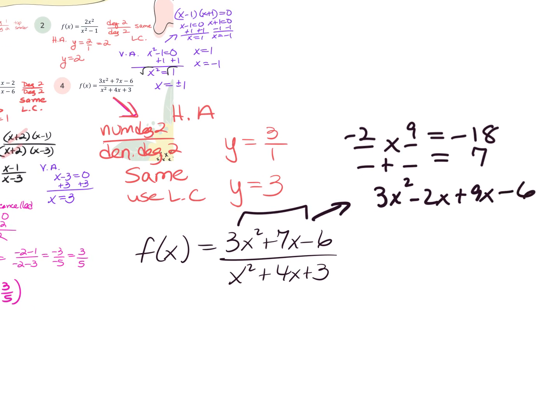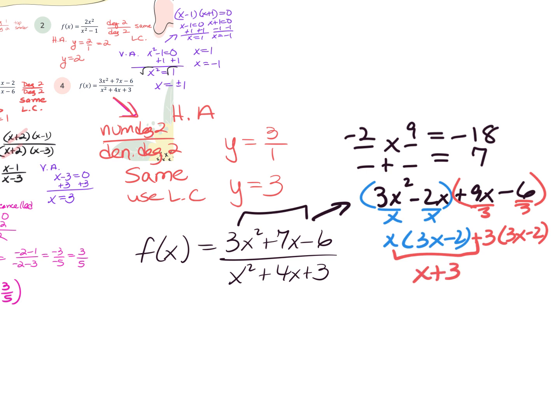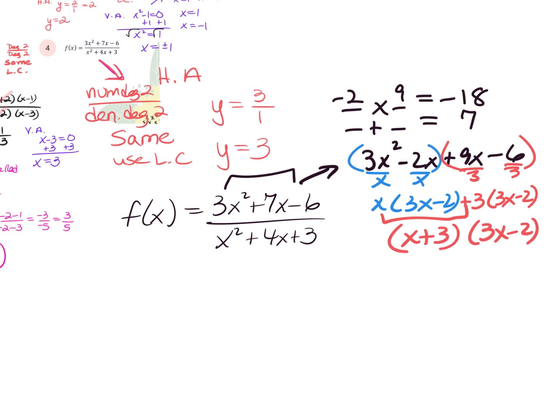I don't care how you factor. Make your groups. GCF here is x. GCF here is 3. Put these two GCFs together, and then the one in common. So that's going to be the factored numerator.